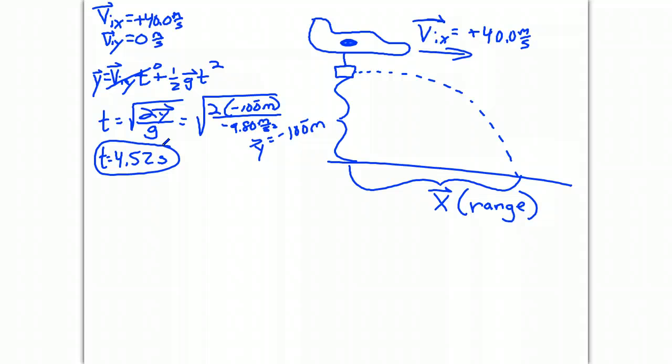Okay, now let's get into A and B. Part A, like I said, we are finding the range. Now in the x direction, we do not have any acceleration. Okay, so as I've shown, the equation that you have left is x equals VIX t.